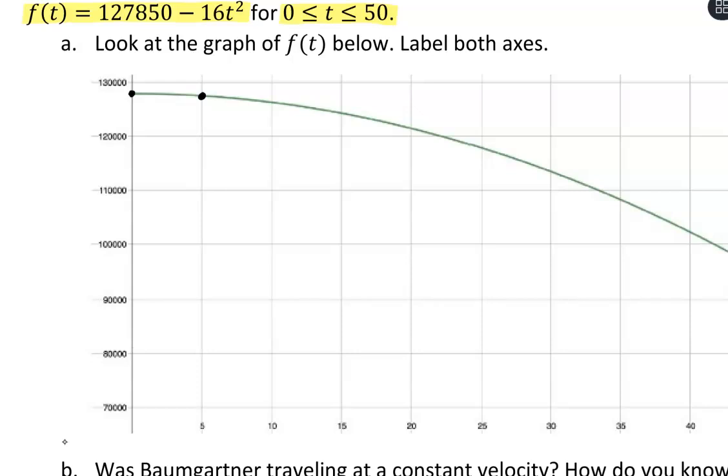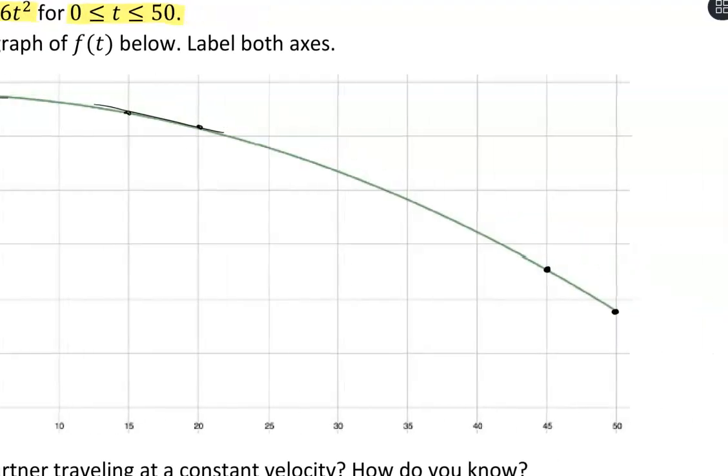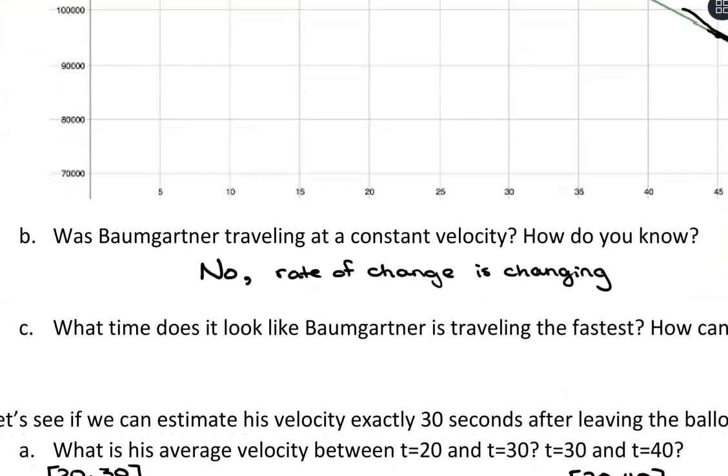If you just imagine secant lines through each of our 5-second intervals here, we can see that the slope of the secant line is changing, to the point that if we want to understand where he is traveling the fastest, it looks like on this graph it's the last 5 seconds, between 45 and 50 seconds, because if we graph that secant line, that would have the steepest slope to it.